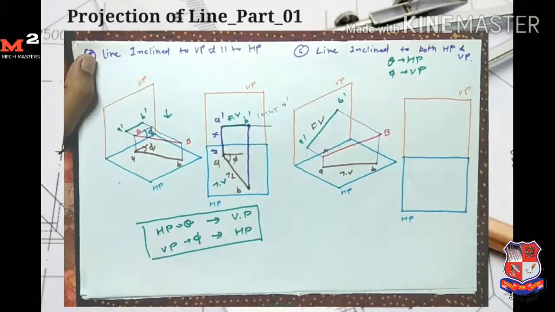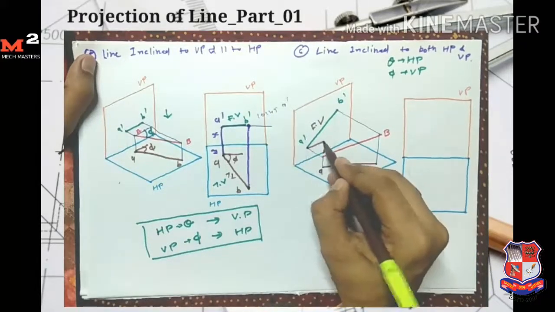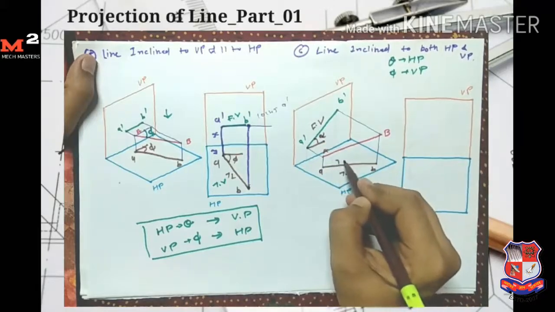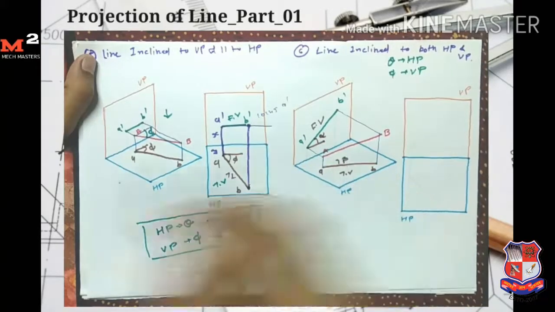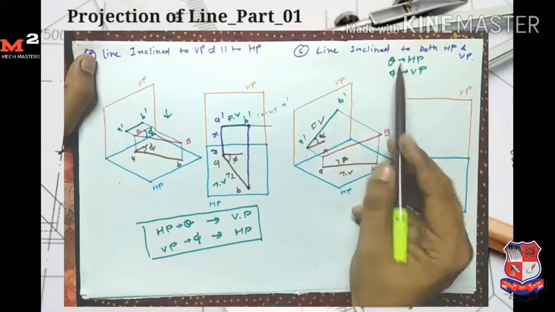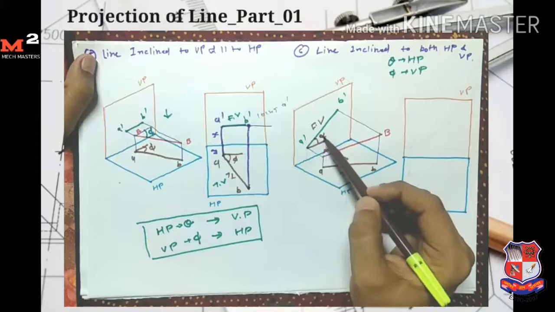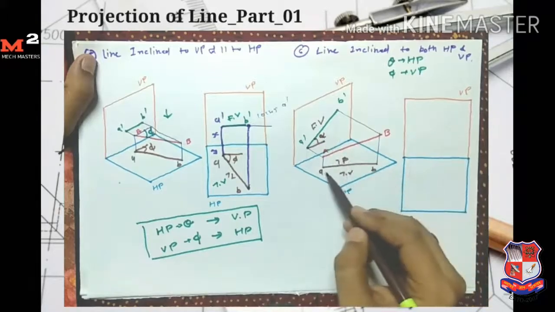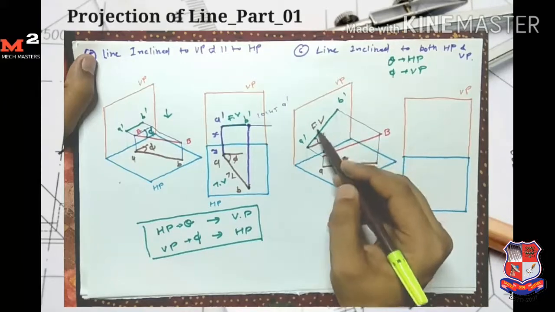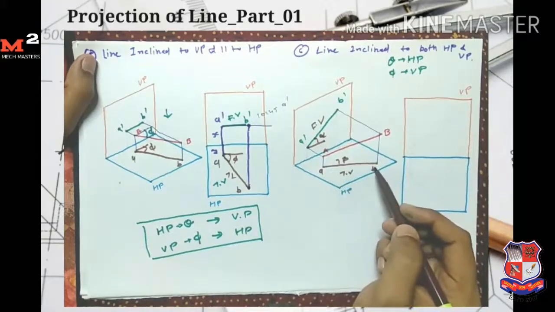Here this angle is not theta but the apparent angle alpha, and this angle is the apparent angle beta, because the line is not parallel to VP, so this angle is not equal to theta. A dash B dash is the front view and AB is the top view for the line AB.